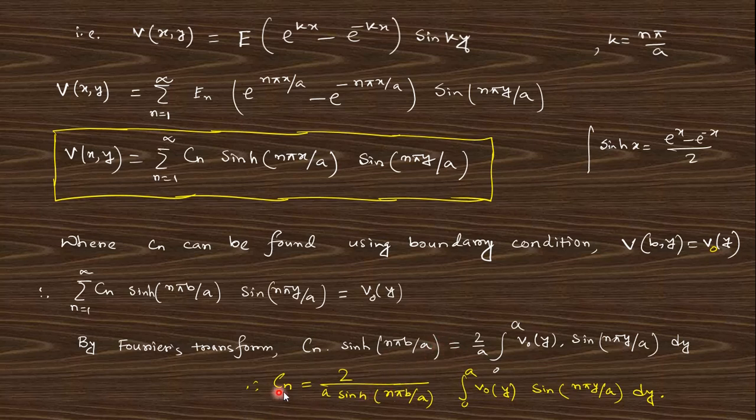By Fourier transformation, the coefficient Cn will be 2 by a sine hyperbolic, integral from 0 to a of V0y sine n pi y by a, right? So this is the value of Cn, where the potential is given here.